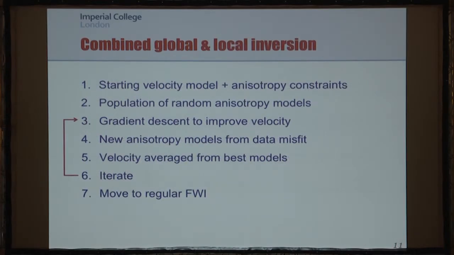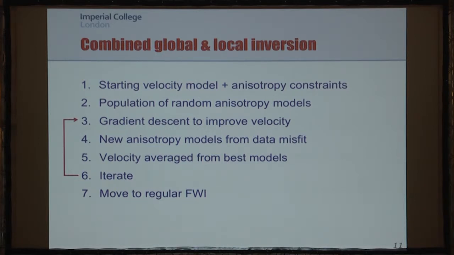So these are the steps for our workflow. We begin from just some measure of velocity, and in terms of anisotropy, we just have some bounds, some minimum and maximum. We then produce a population of candidate solutions between these bounds. For each candidate solution, we then use monoparameter steepest descent to update the p-wave velocity. And from this, we'll get some objective function value detailing the data misfit.